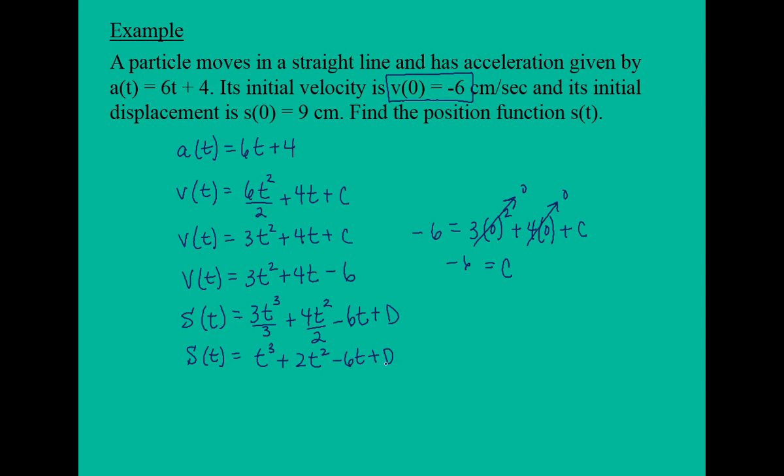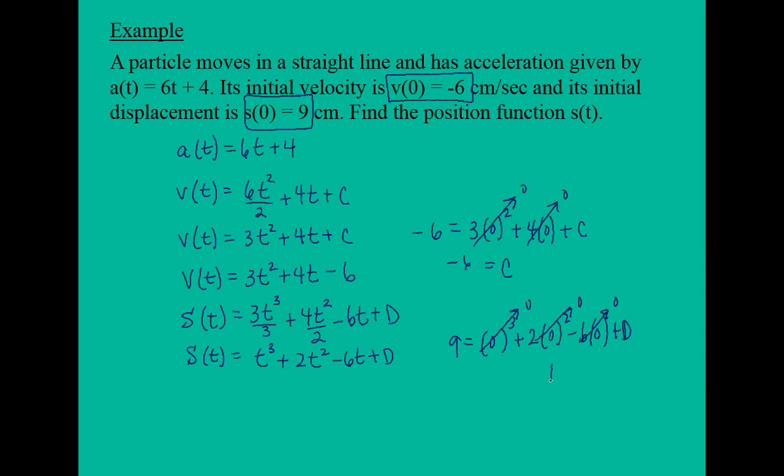Now we were given an initial condition for our position. It says if t equals 0, s of t equals 9. So we would have 9 equals 0 cubed plus 2 times 0 squared minus 6 times 0 plus d. And we see these go to 0.